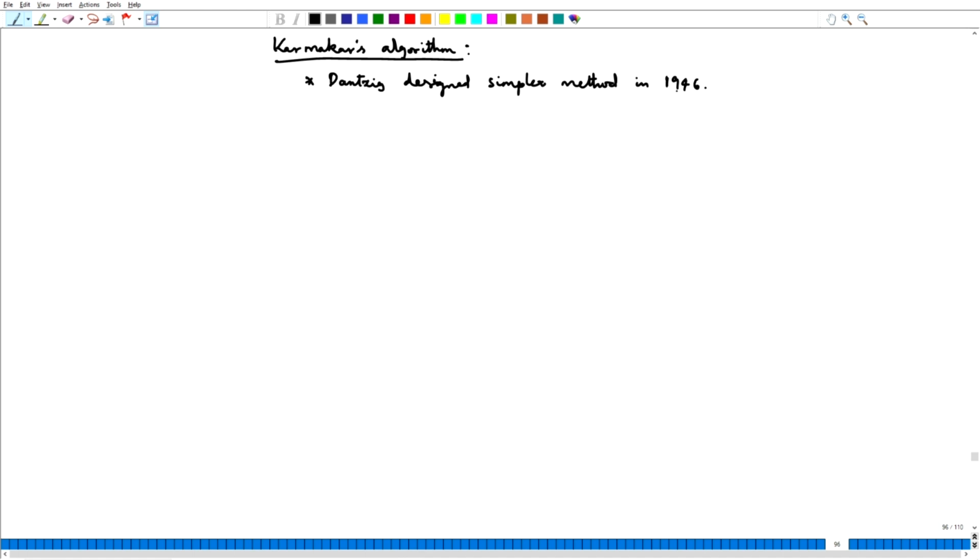So it is quite old. And the ellipsoid method, I do not recall the year, but it was discovered much later.